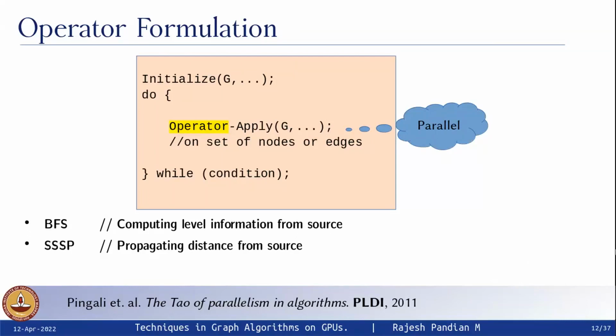So this is the whole benefit of this operator formulation approach. Like I said earlier, in SSSP the operator will propagate the distance from source to the neighbors, and similarly BFS propagates the level information from source to the remaining vertices.